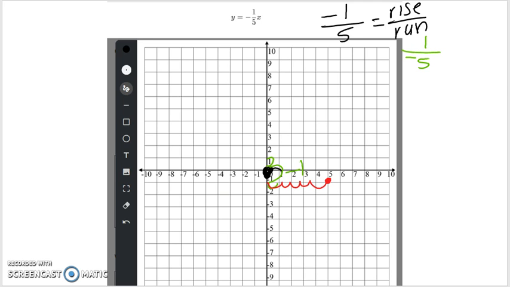Yep, you could go up 1 and then back 1, 2, 3, 4, 5, and you're going to notice that all of those points, if I can get my line to be accurate, it's a very long slope, are actually going to be on the same exact line. So you can go either way and still have all those points on that line.